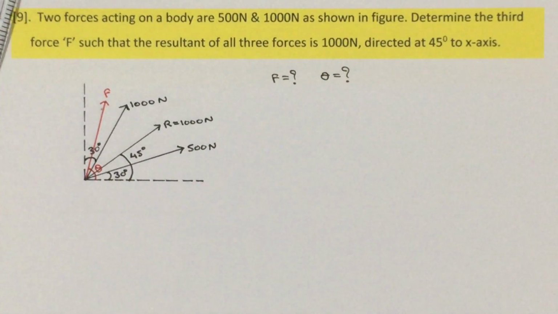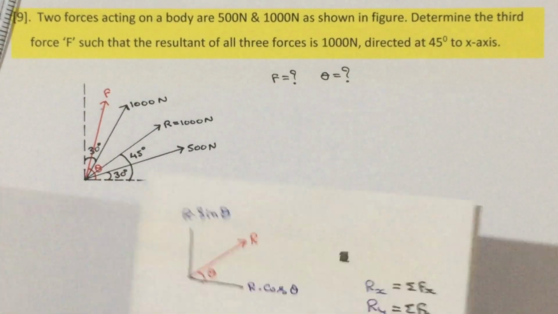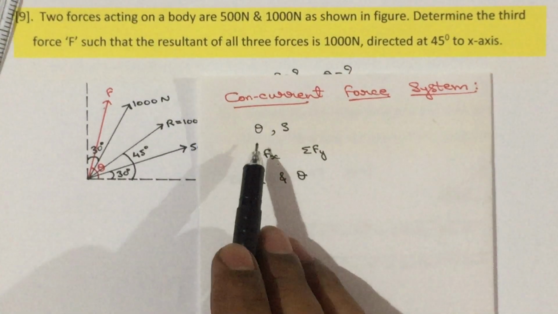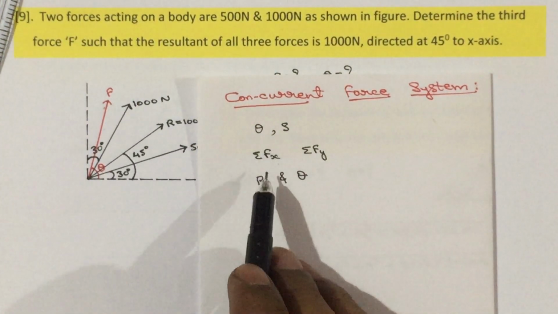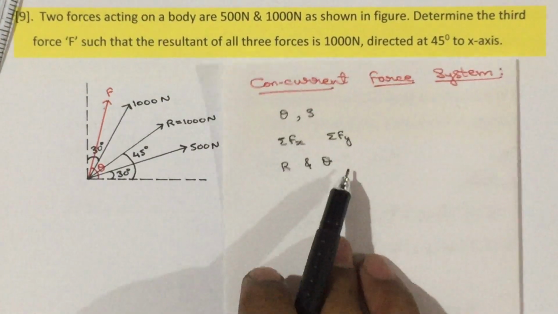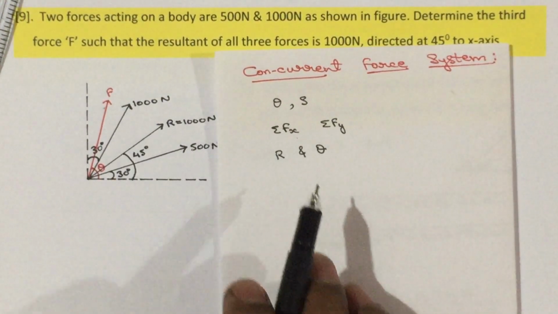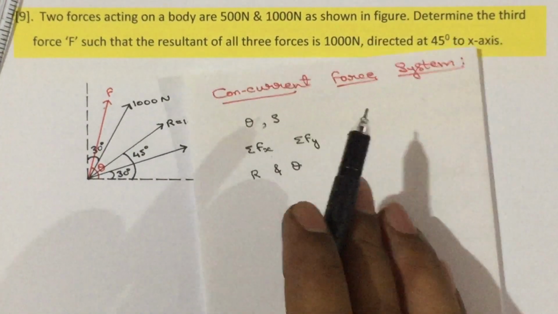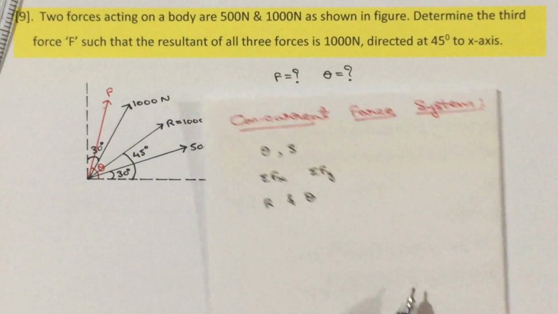Then we will proceed with the regular procedure, that is first we will calculate horizontal angle and splitting, then sigma fx, sigma fy, then R and theta. Here instead of R and theta we will go with missing force and missing angle.